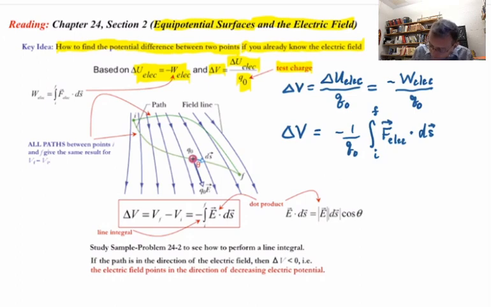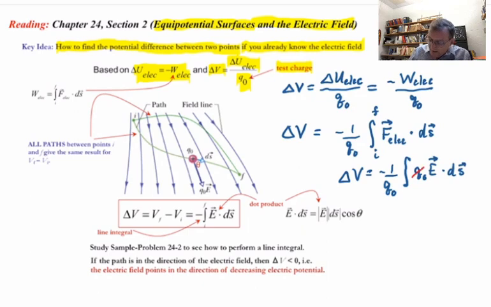Then what we remember, I'll just write it down here, is that the way we think about the electric force on our particle Q0 as it moves from the initial point to the final point is that it is that particle's charge Q0 times the electric field that's already there. So Q0 times E dot ds.